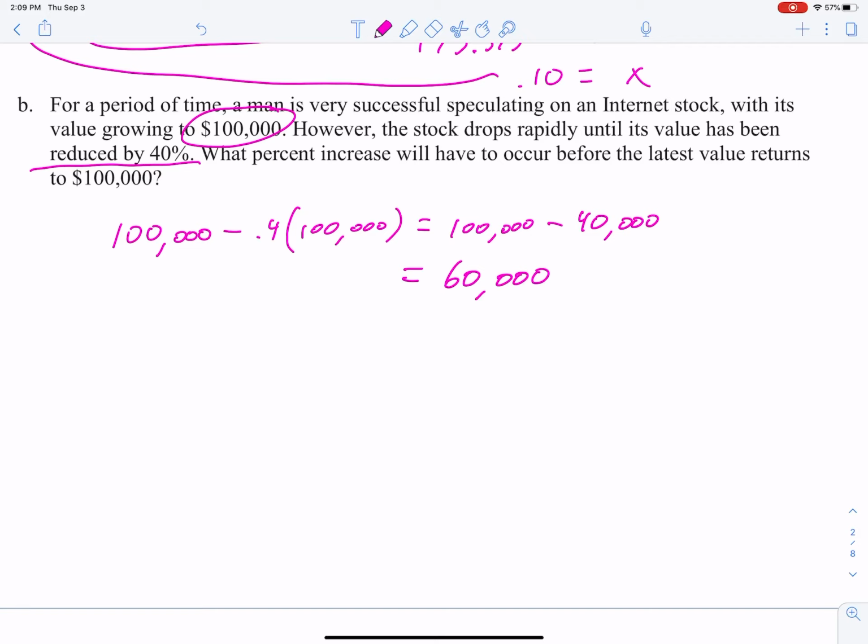Next question is, what percent increase will have to occur before the latest value returns to $100,000? All right. So this is a new equation, right? We're going to start with the $60,000 now, times something we don't know.